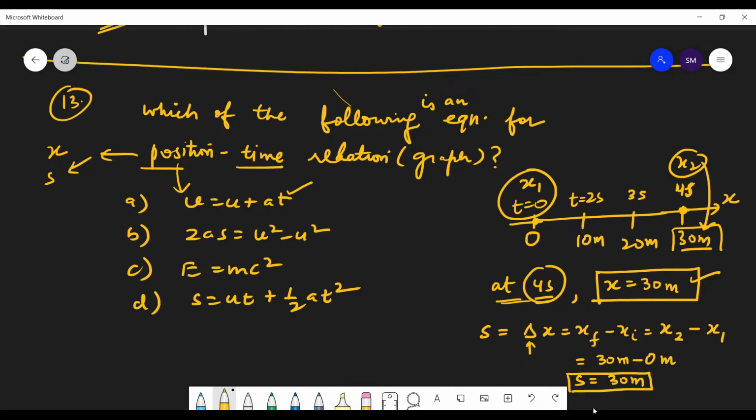Is this clear? So displacement and position are the same when I start from origin.